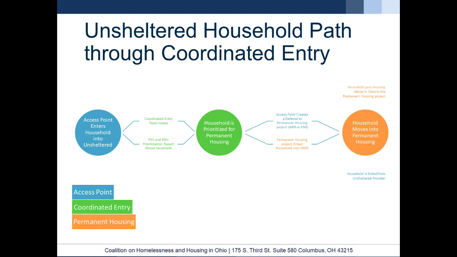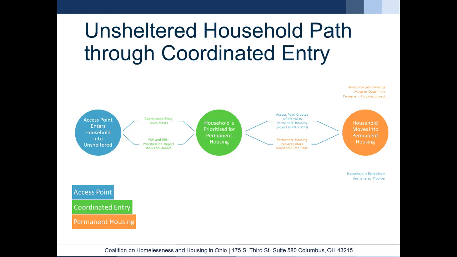So if in the meeting it's discussed that this unsheltered household seems more appropriate for rapid rehousing, then after the meeting, the access point person will go back, open up the unsheltered record, and create a referral from the unsheltered provider to the rapid rehousing provider. Then the permanent housing project, so the rapid rehousing project in this case, would enter the household into HMIS, into their rapid rehousing project, and close out the referral.